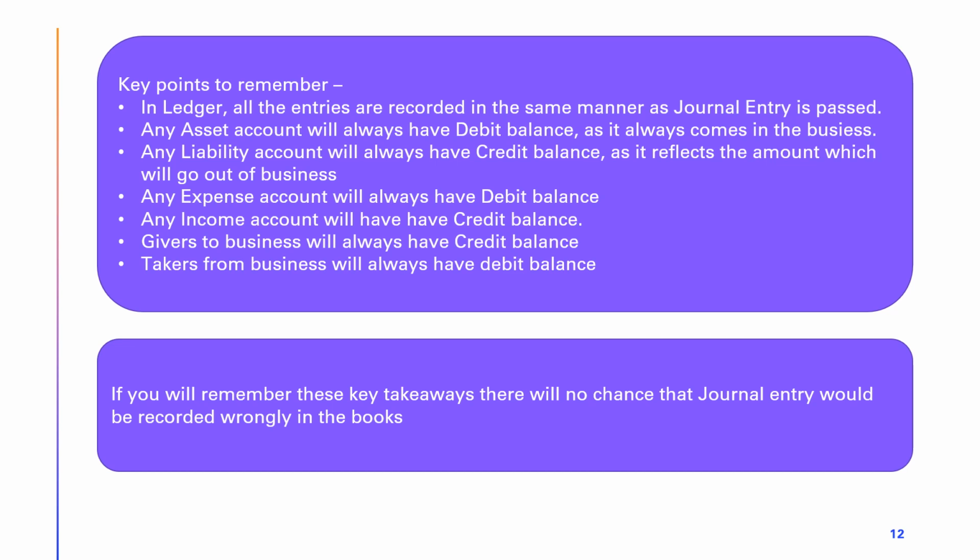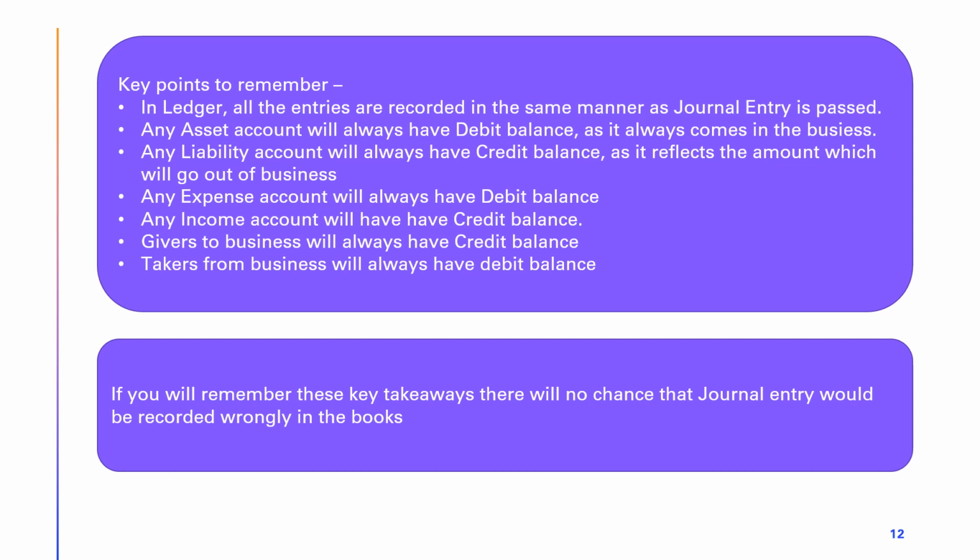Also, all the nominal accounts for which money or any other asset has gone out of business will have a debit balance, reflecting expense nature, and vice versa in case of accounts of income nature, as money or asset comes inside the business.